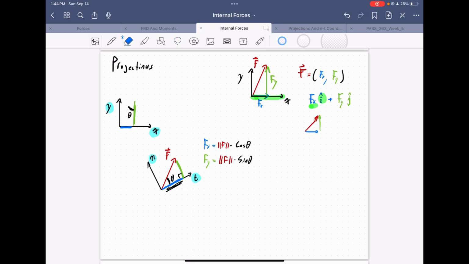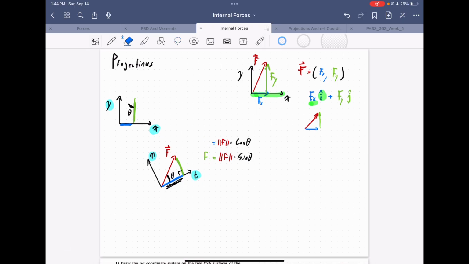But the one thing we do have now is it would be Ft and Fn, because this is in the same direction here, and this is the same direction there. You can think about it. I draw it as a triangle because we're used to it, but technically we're projecting here and projecting down here. There are many ways to visualize it, but it is the exact same thing.